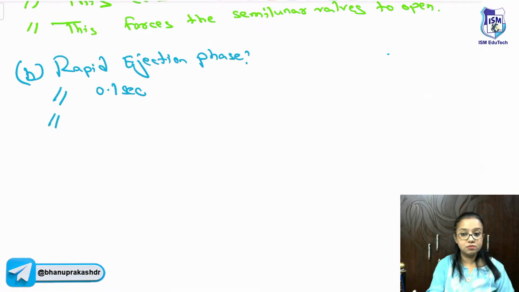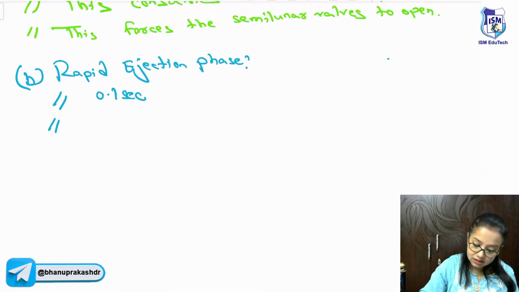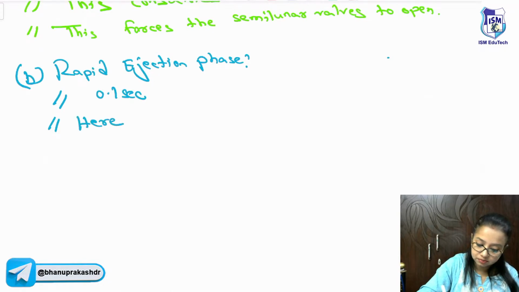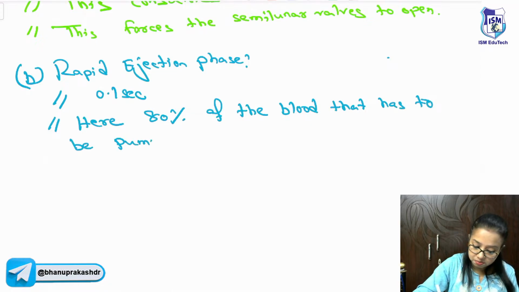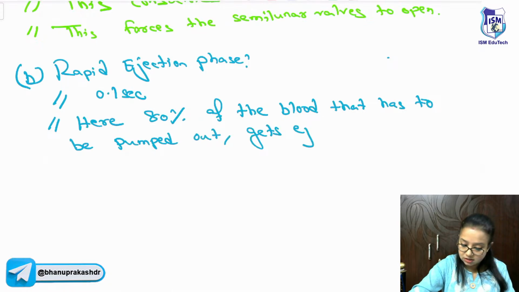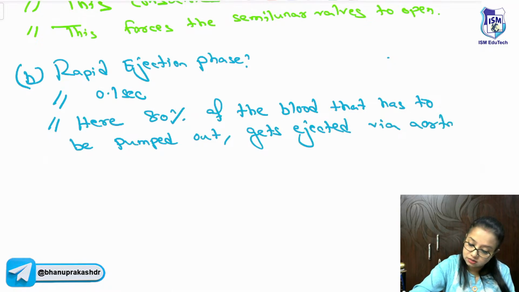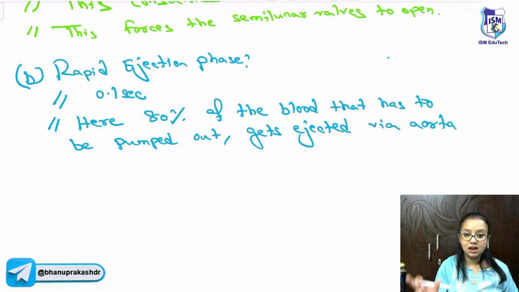Apart from that, what is the characteristic of it? Here, 80% of the blood that has to be pumped out gets ejected via aorta, means aorta to the peripheral circulation, and to the lungs via the pulmonary artery.